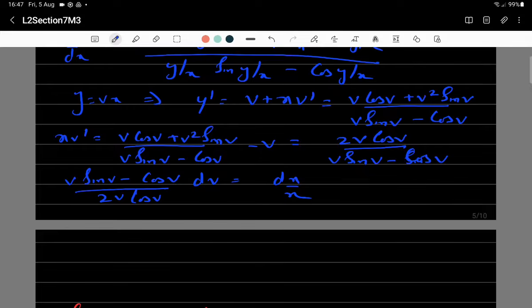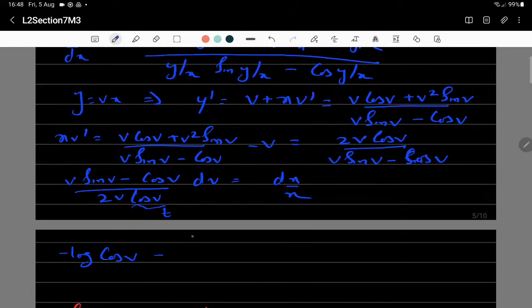We know their integration. So to integrate sin v by cos v, consider cos v as t. That gives you sin v dv is equal to dt. So therefore the first term becomes minus log cos v. The second term is itself minus 1 by 2v. It's not v by 2 but minus 1 by 2v.